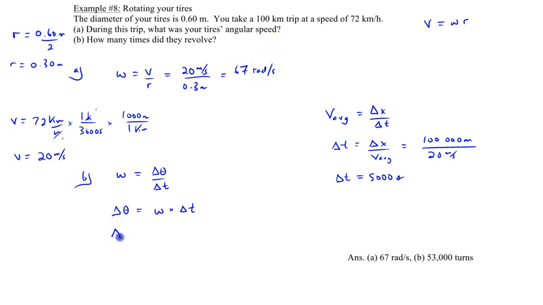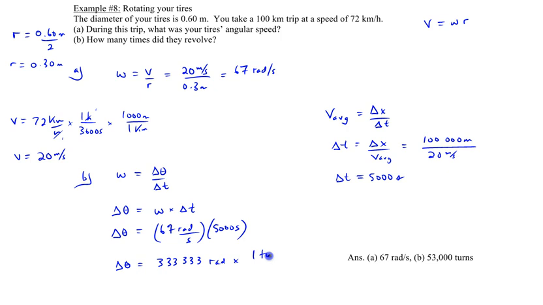So then our change in theta will be equal to 67 rads per second multiplied by 5,000 seconds. And that will give you a change of the angle of 333,333 radians. But we want it to be in revolutions or turns.